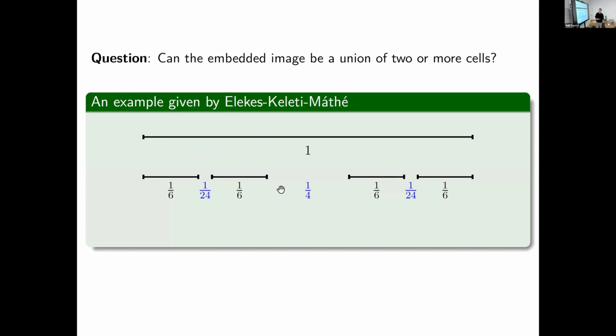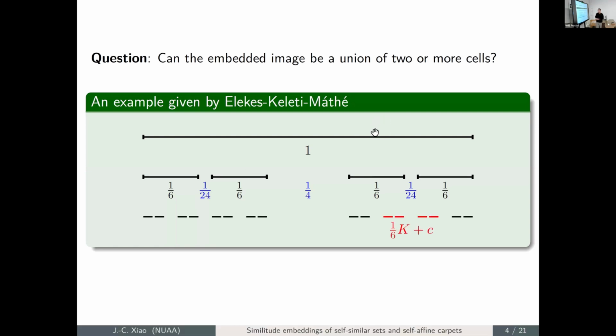Here the key is that the largest gap has length 1/4, but the smallest gap has length 1/24. So if you multiply 1/4 by 1/6, then you get exactly 1/24.